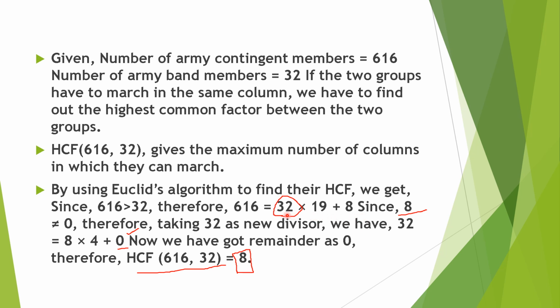So here we are going to take 32 and the remainder. The remainder multiplied 4 times gives 32. Here the condition got satisfied. So we got the HCF. So HCF of 616 and 32 is 8.